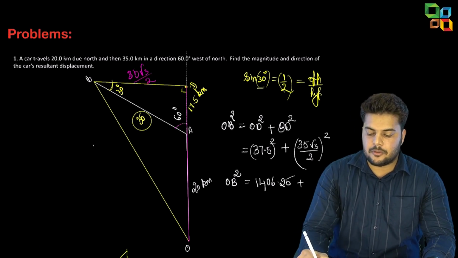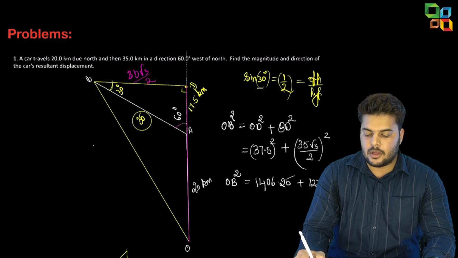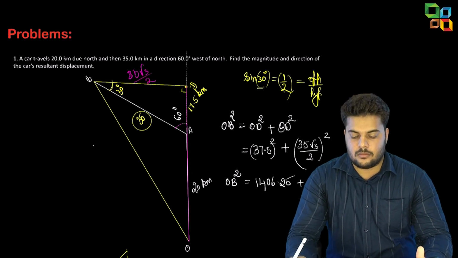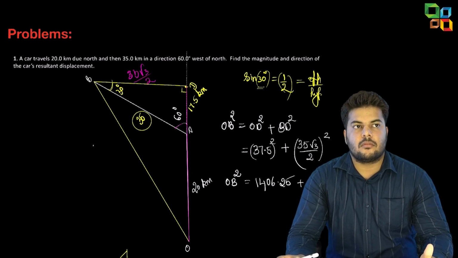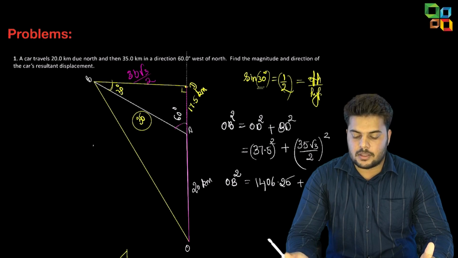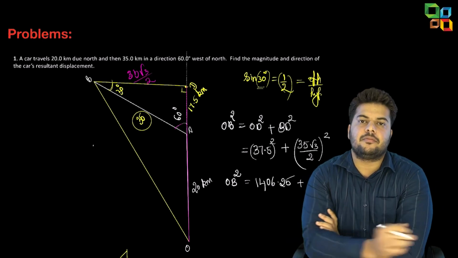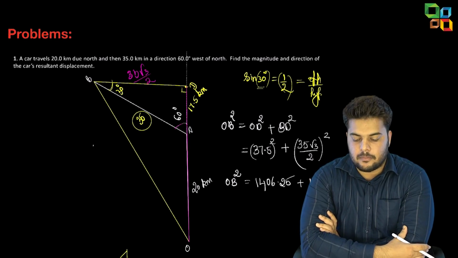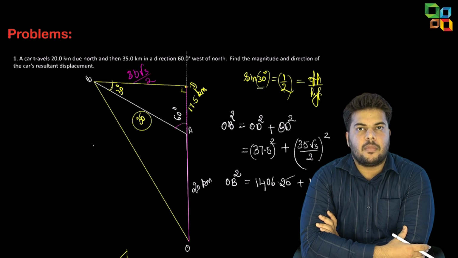Anyway, so 35 into 35 is 1225, into root 3 squared over 2 squared, which is 3 by 4. What does this come out to be? 3/4 of 1225. That's around 800, isn't it? 806.25.